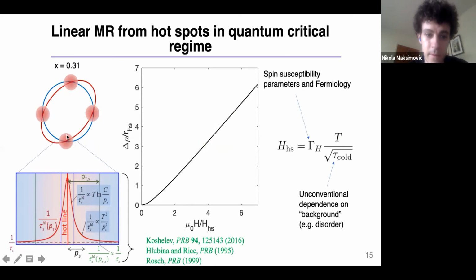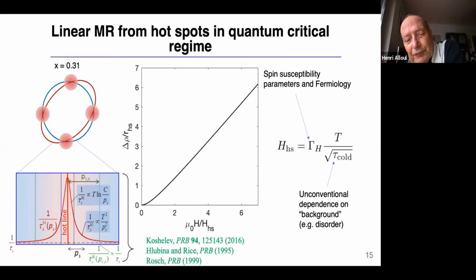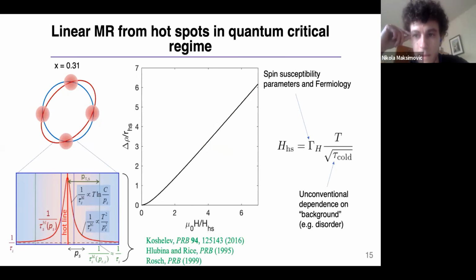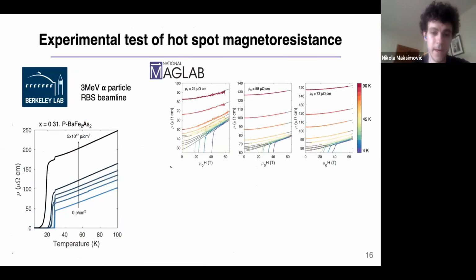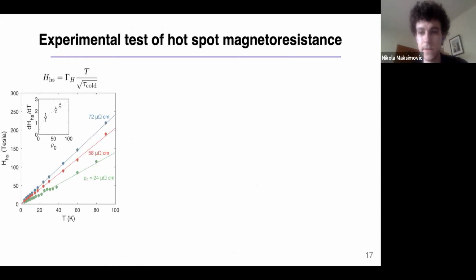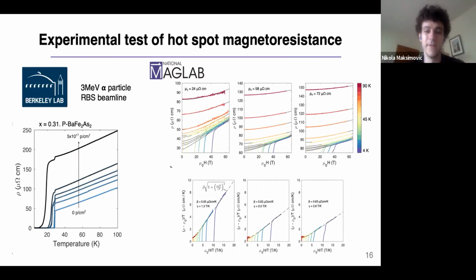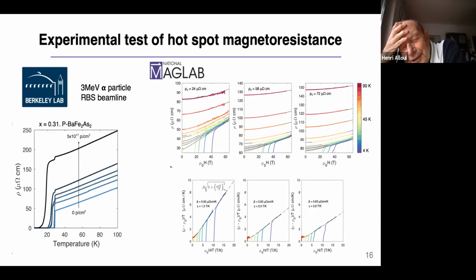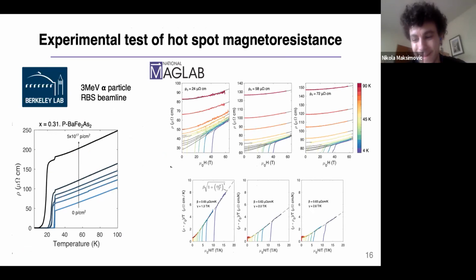You primarily consider this nesting point, so you have to consider the band which has the nesting points. So there's not a one-to-one correlation between resistivity and magnetoresistance. For resistivity, you need to consider everything. Magnetoresistance is dominated by these very small regions.